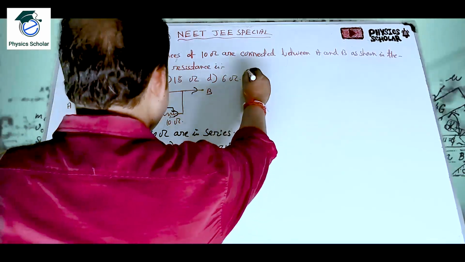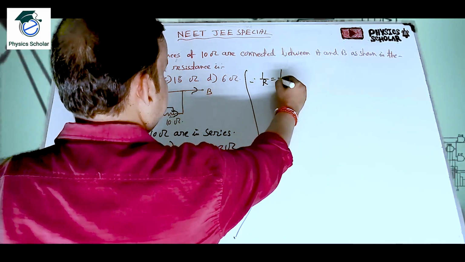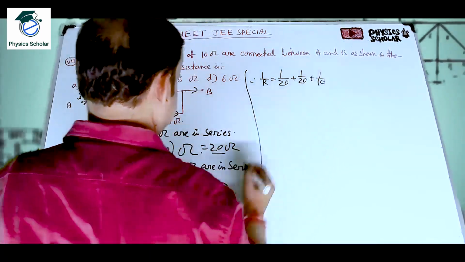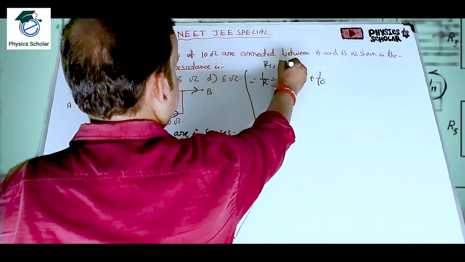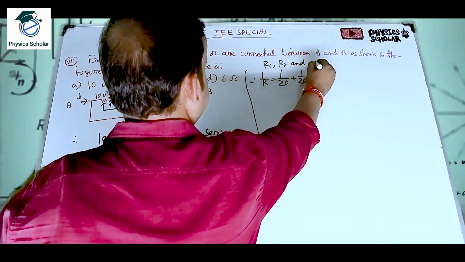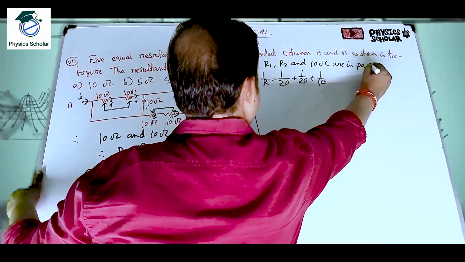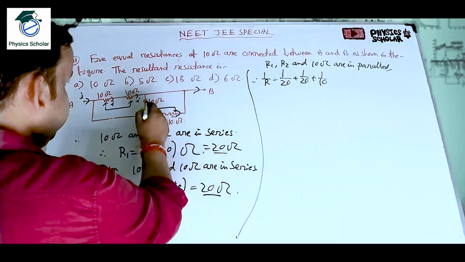Parallel. That means equivalent resistance: 1 by R is equal to 1 by 20 plus 1 by 20 plus 1 by 10. Clear? So R1, R2 and 10 ohms are in parallel. R1 means 20, R2 means 20, and this 10.